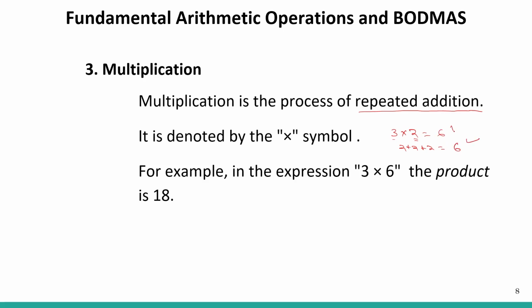This is what repeated addition is. For example, in the expression 3 into 6 the product is 18. Basically 6 is added 3 times: 6 plus 6 plus 6. You can also write this as 3 plus 3 plus 3 plus 3 plus 3 plus 3, added 6 times. In this case, it was 3 times.